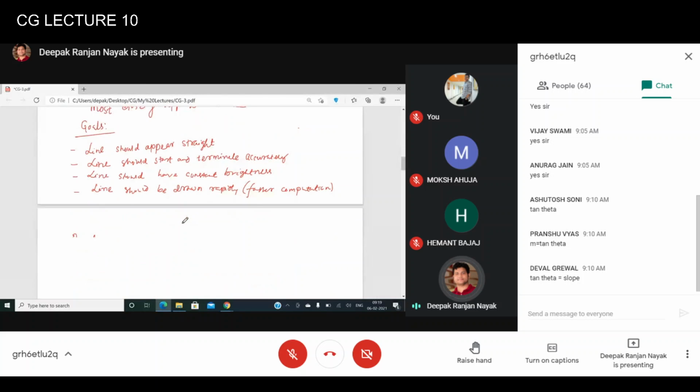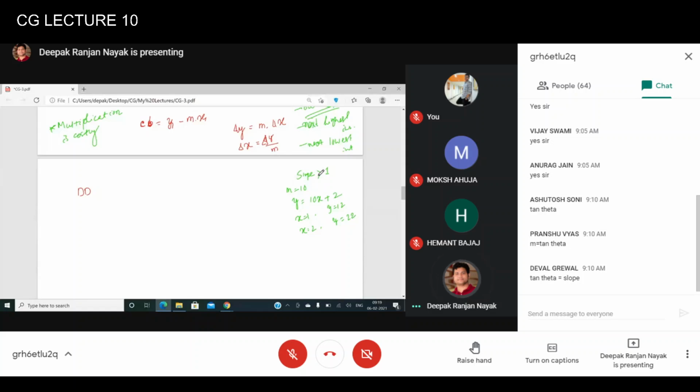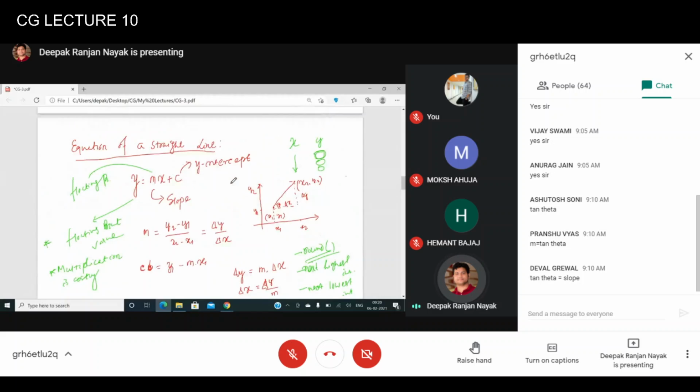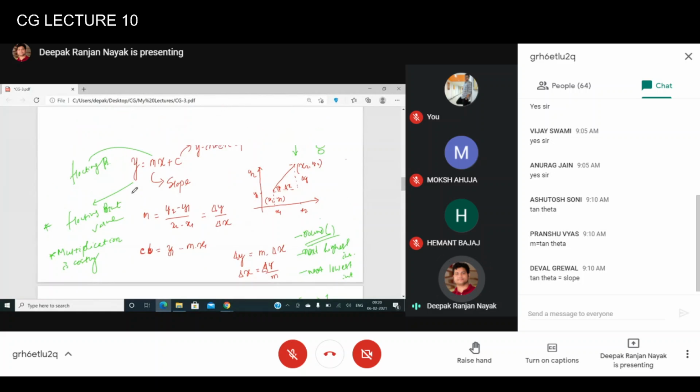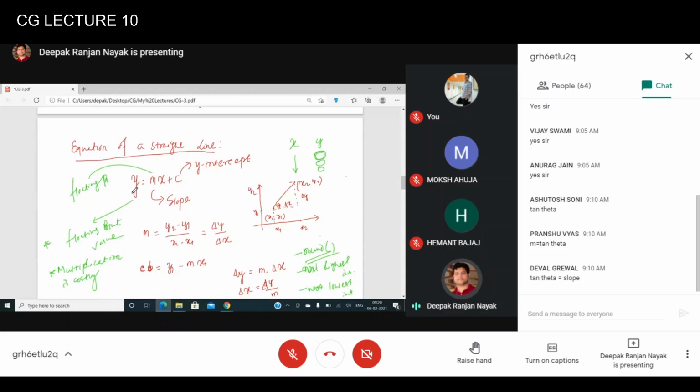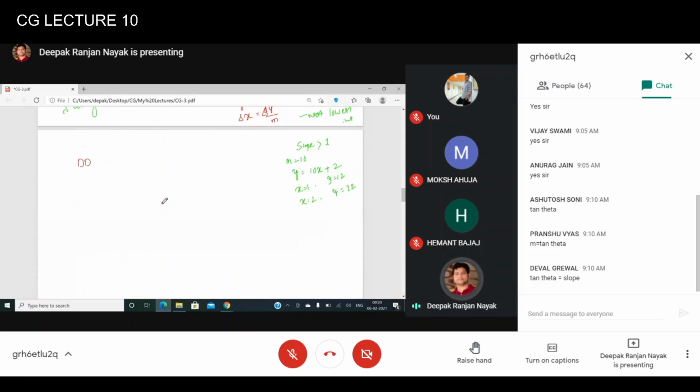It's one of the most important goals every line drawing algorithm should have. But here we are violating that. So these are a few problems you will face in the case of direct calculations. That is why we have some algorithms where we can at least try to solve a few problems. We'll see what different problems can be solved using what algorithms. So we'll start right now discussing the DDA algorithm.